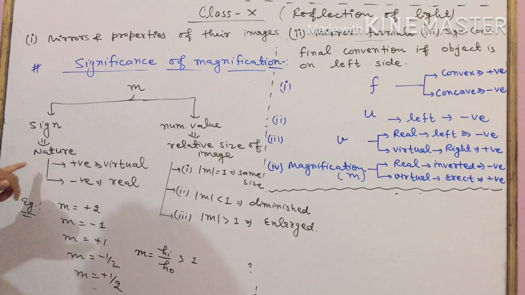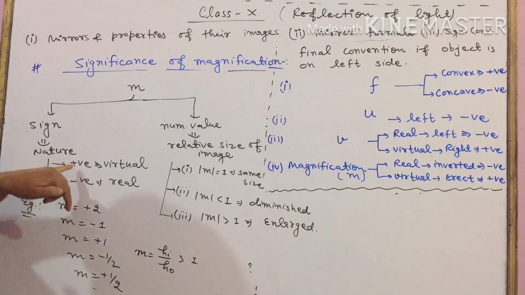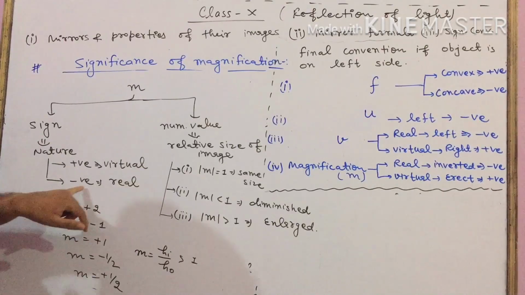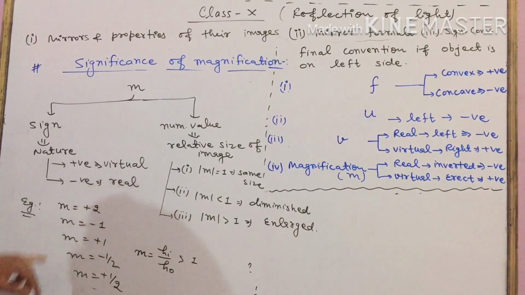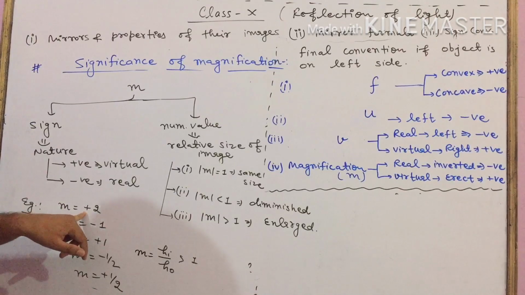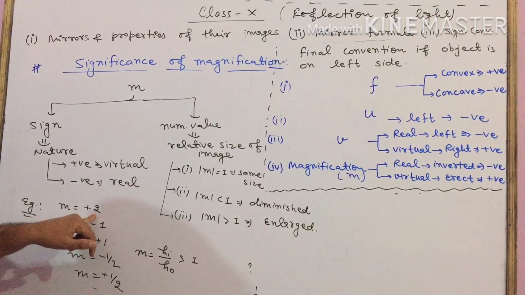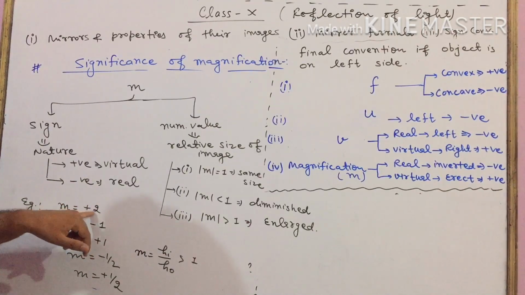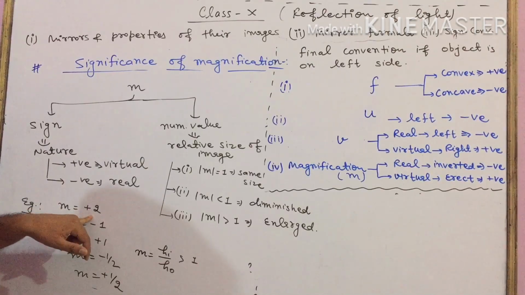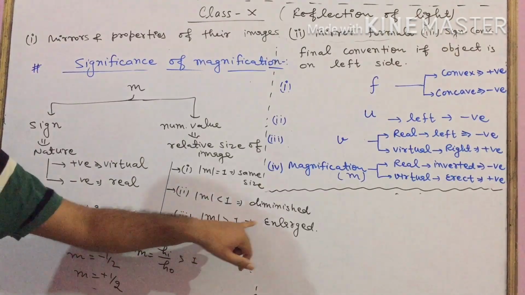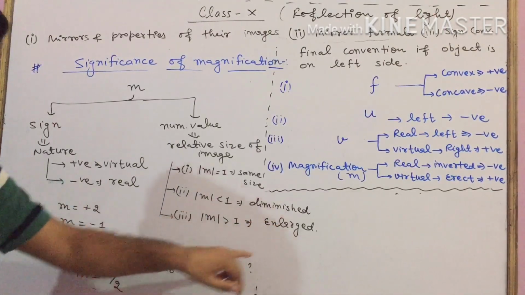For nature, we have the convention that if magnification is positive, the image formed is virtual. If magnification is negative, the image formed is real. So in the first case, magnification is positive, so the image formed is virtual. Now its numerical value is 2, which means the size of the image is twice the size of the object. It means magnification is greater than 1, so the image formed is enlarged.